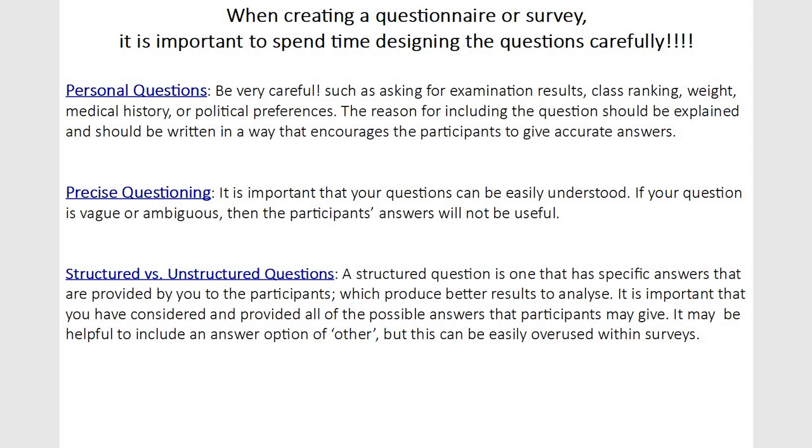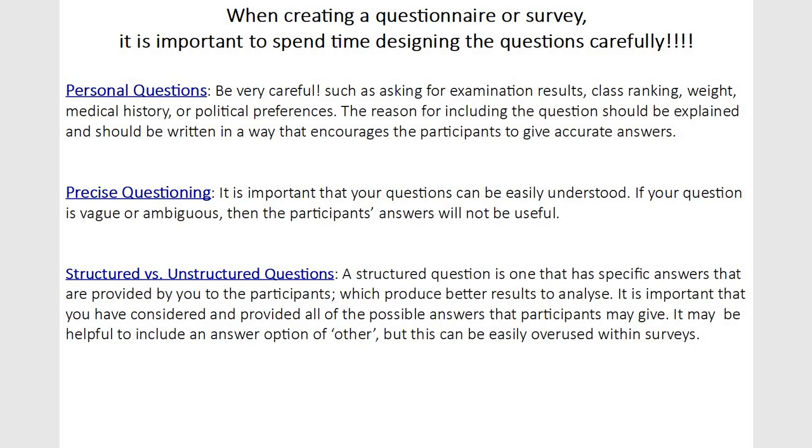Okay, if I understand why you need that information, I'm more likely to give you accurate results. You want to encourage people to answer truthfully. Like, for instance, you don't want to ask a person's weight. All right, because there's a stigma on people's weight, so people tend to lie. So you have to talk about ways to get accurate results.